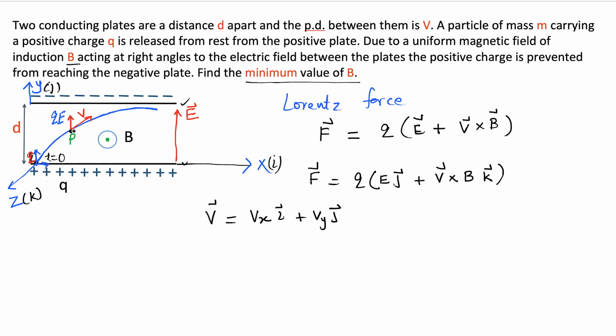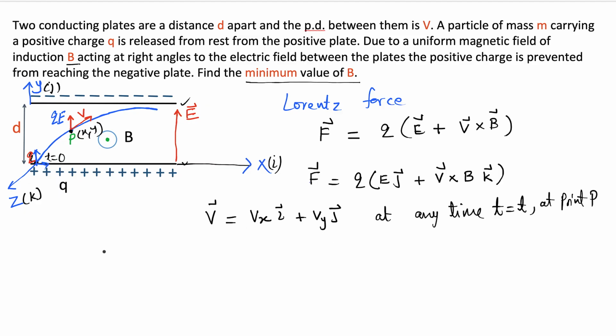So at any time t, at point P, which is (x, y), the velocity of the particle is Vx in the i direction and Vy in the j direction.